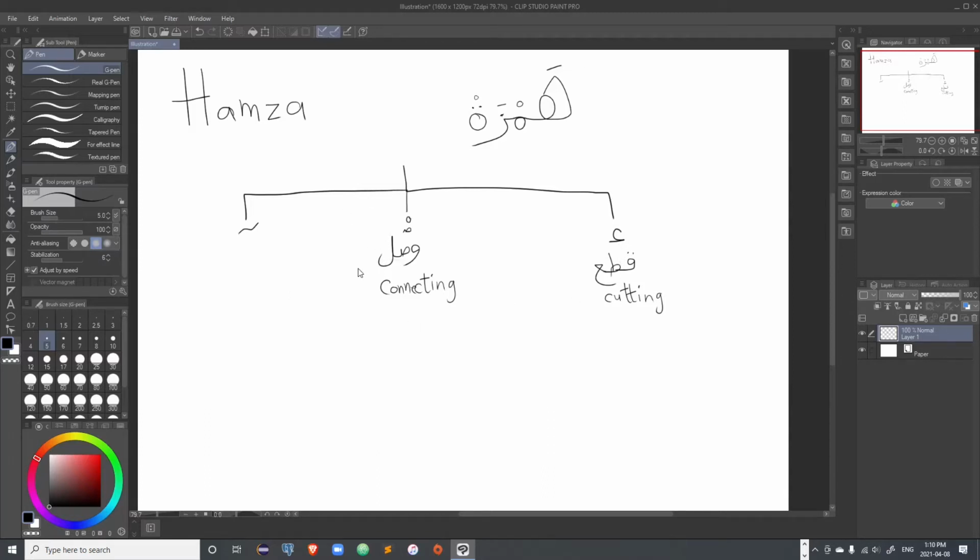These two will be covered later in other lessons. So this will be drawn atop the alif like so. This is called hamzat med, and the word med means elongation.